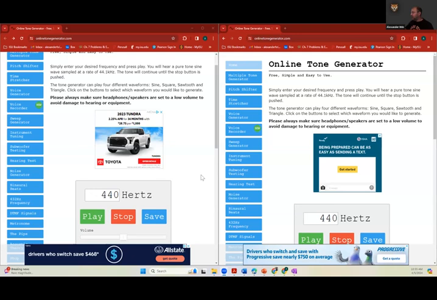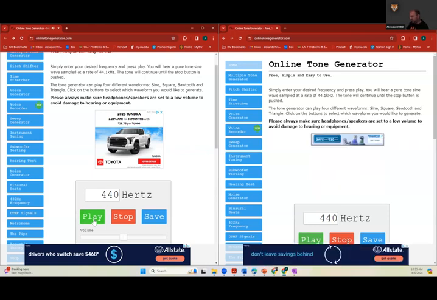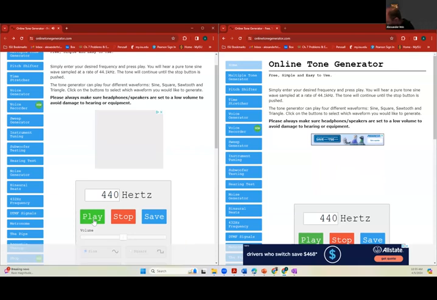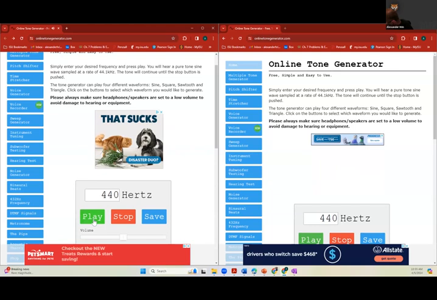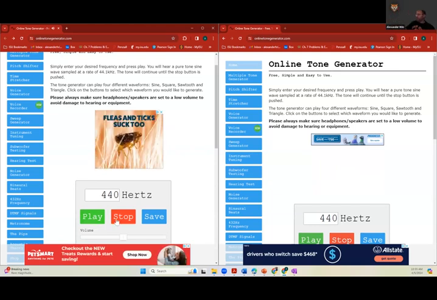Okay, now I'll share with my other thing. All right, so what I have here is I just have two browser windows with the same tone generator. Now, what I can do is I can play, if you play this, hopefully you can hear it from my speakers. You can just hear a 440 tone. Increase the volume a little bit. Okay, so that's just a 440 tone.